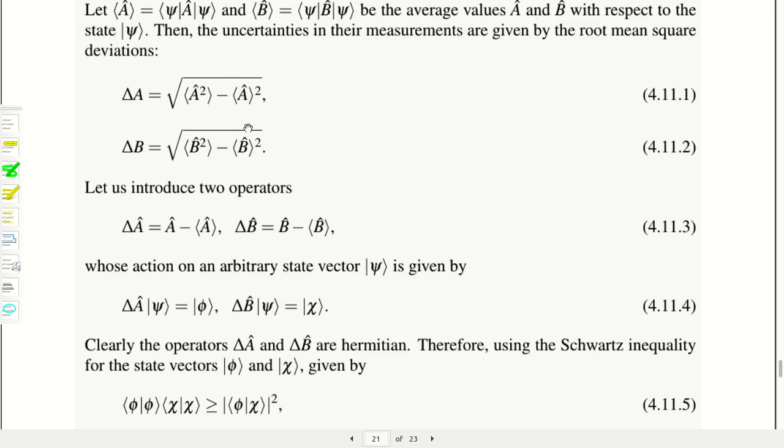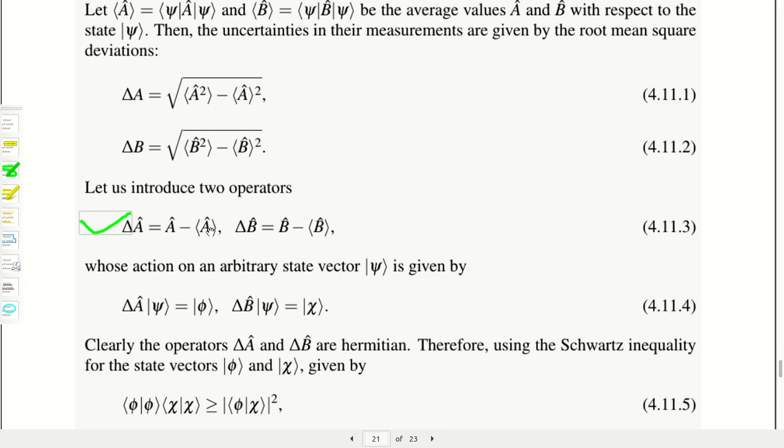So these quantities are very important, and let us now introduce two new operators, delta A and delta B, which are the deviations actually, that is, A minus the expectation value of A. This is not an operator, this is actually a scalar.